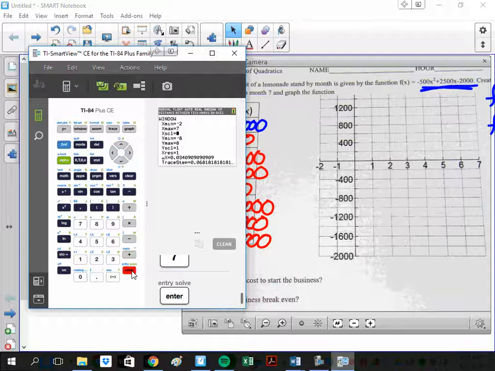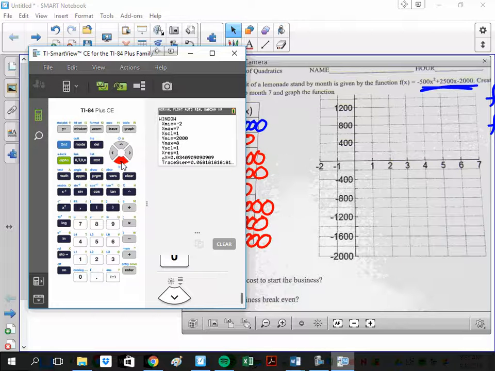What should I count by on the x-axis? 1. All right. And for the y values, what's the y minimum? -2,000. And the y maximum? It looks like it goes a little bit higher than 1,200. 1,600?